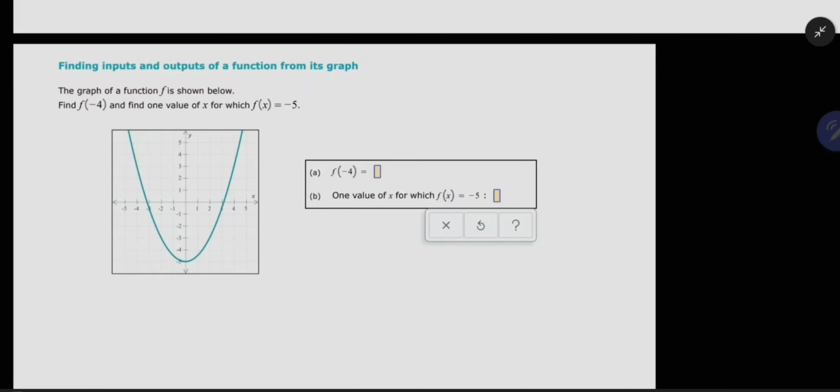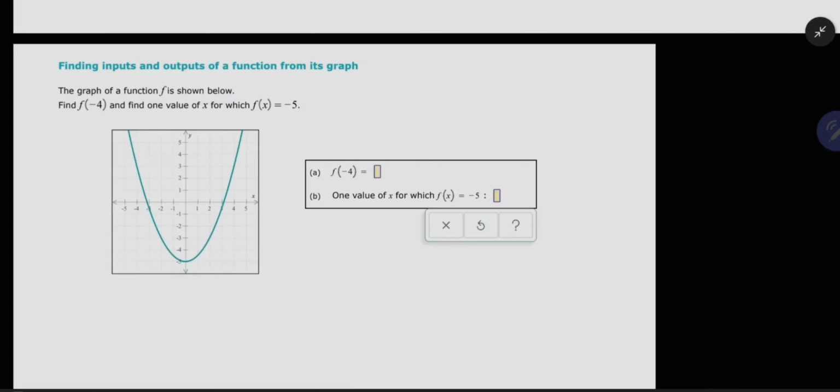We want to find x when f of x is minus 5. So for this, you've been given the output but not the input. So what you do is, because the output is always on the y-axis, you locate minus 5 on the y-axis.